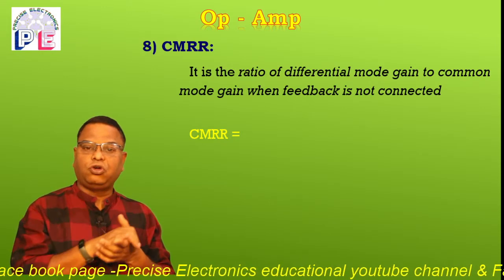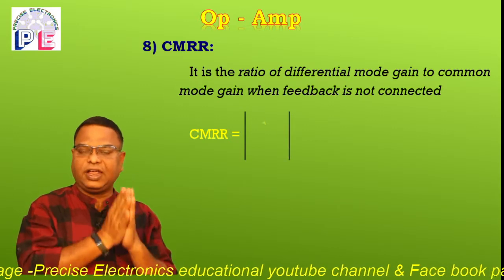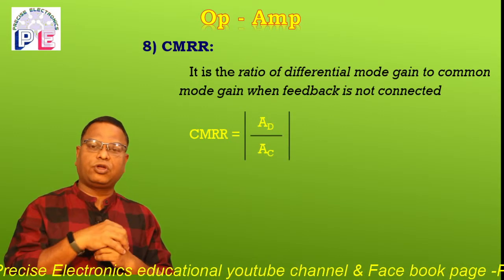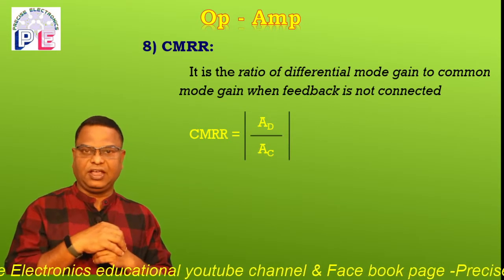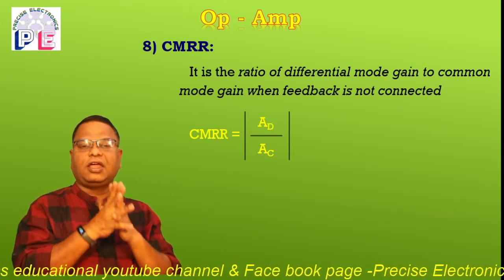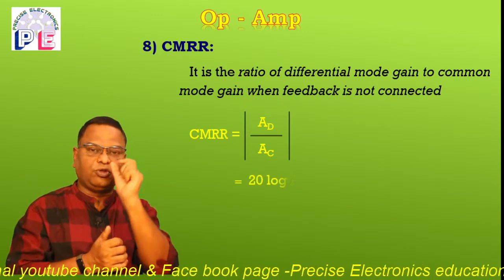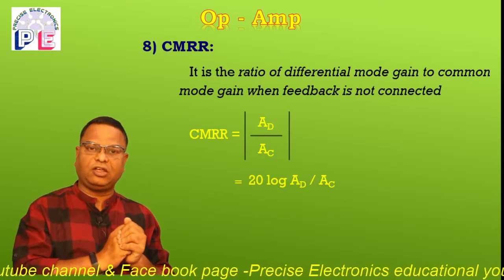This ratio is given by the modulus of AD upon AC, where AD is the differential mode gain and AC is the common mode gain. It is given by the modulus of AD upon AC, and in decibels this is 20 log of AD upon AC.